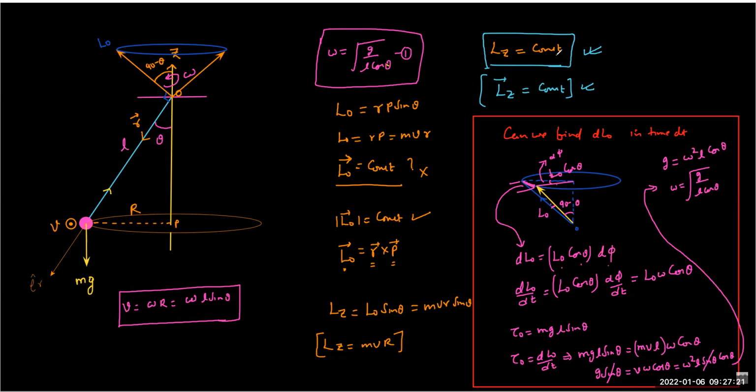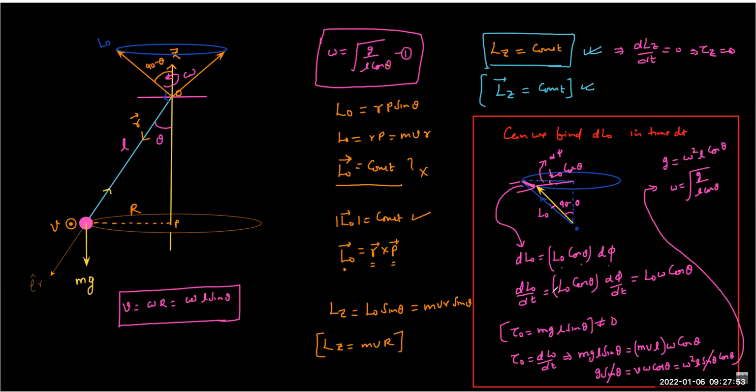So Lz is constant, and if I differentiate this, it is going to be 0, and we know this is 0 because the torque about the z-axis was 0. We have realized this earlier, and so the angular momentum about the axis must be constant, but the torque about the point O is non-zero. In fact, I have written it here: this is the torque about the point, which is non-zero.